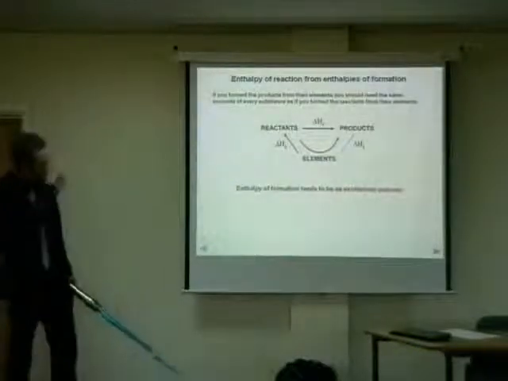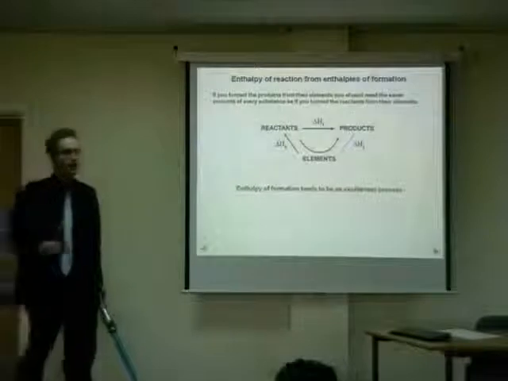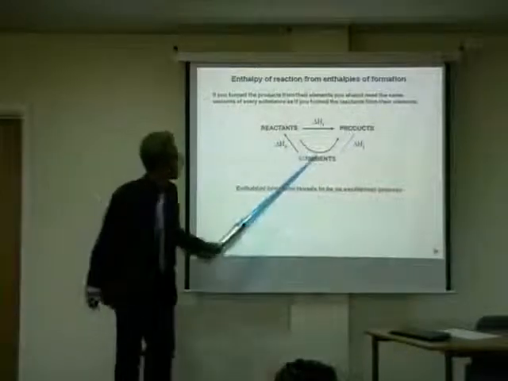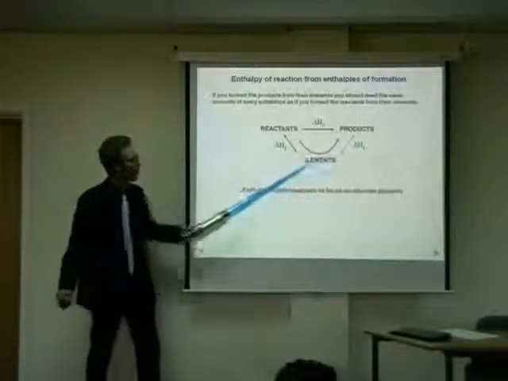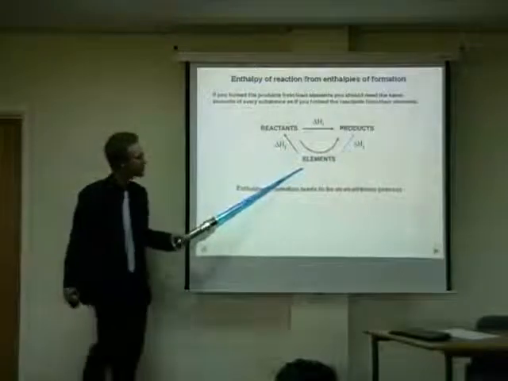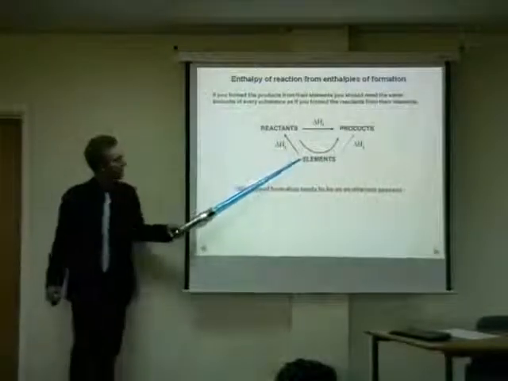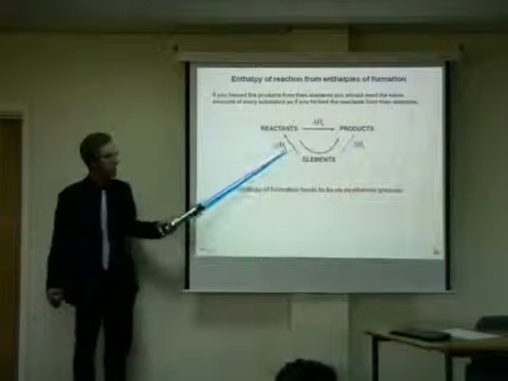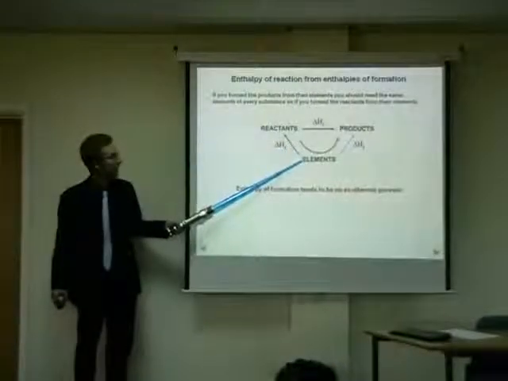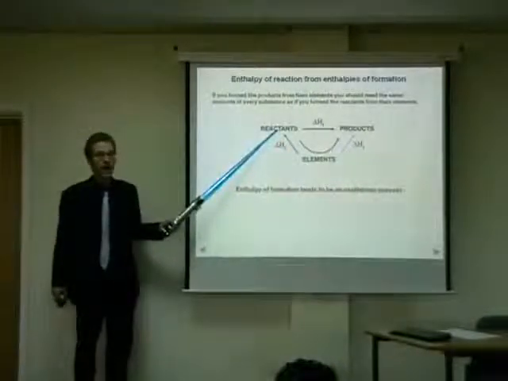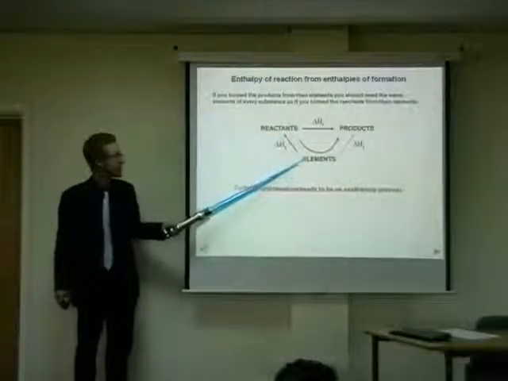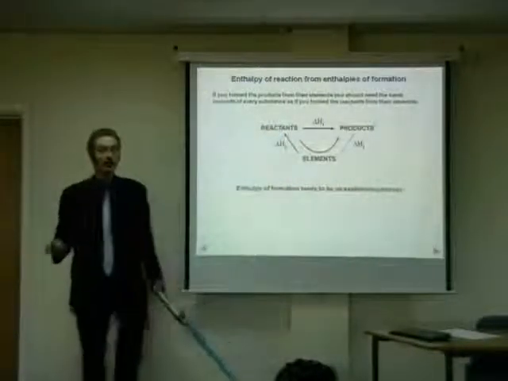Sorry, this page here. This is your classic Hess cycle. If we have all our elements here, okay, and here we have delta HF for elements going to reactants. Does that make sense? So whatever my reactants are, I can look up my delta HF values.